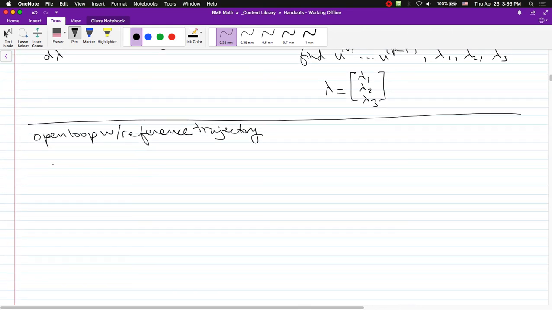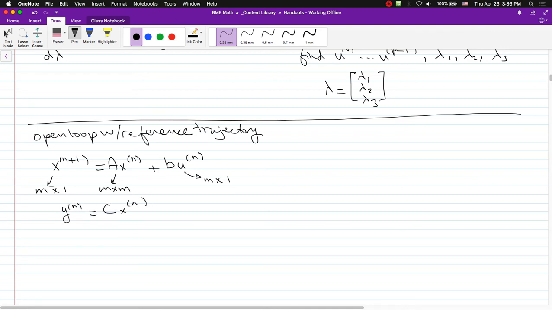All right. So again, we have our dynamics. And in this case, I'm going to make these vectors. So this is an m by 1. This is m by m. And this is m by 1. And I'm going to have an output y, and y is a q by 1, let's say.